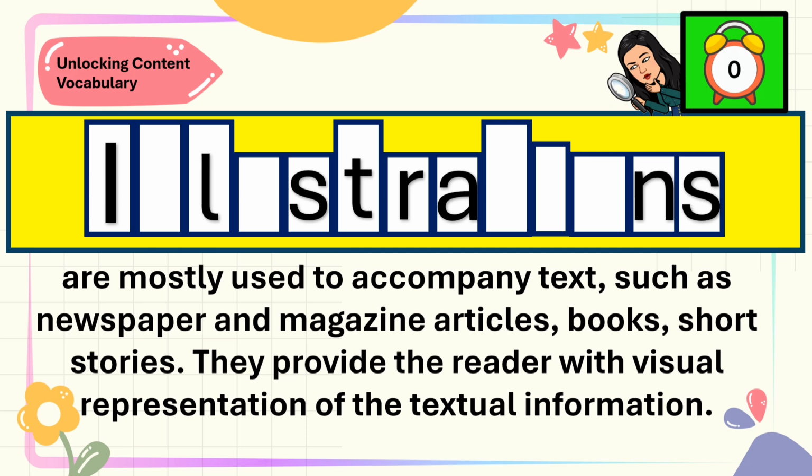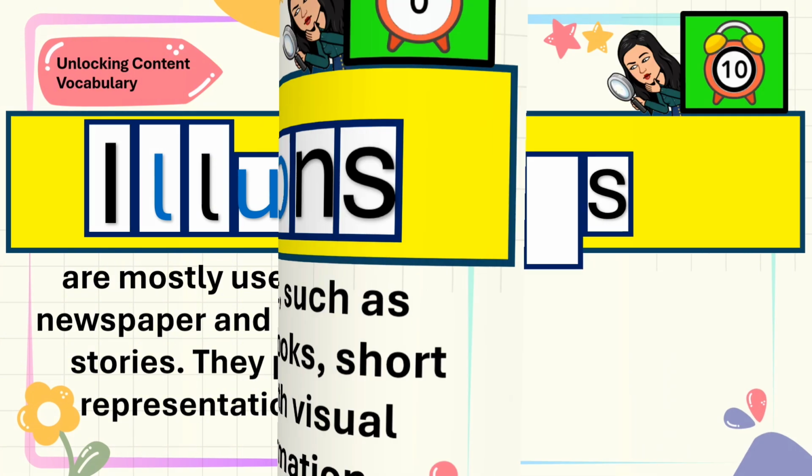The correct answer is illustrations. Again, illustrations are mostly used to accompany text, such as newspaper and magazine articles, books, and short stories. They provide the reader with a visual representation of the textual information.